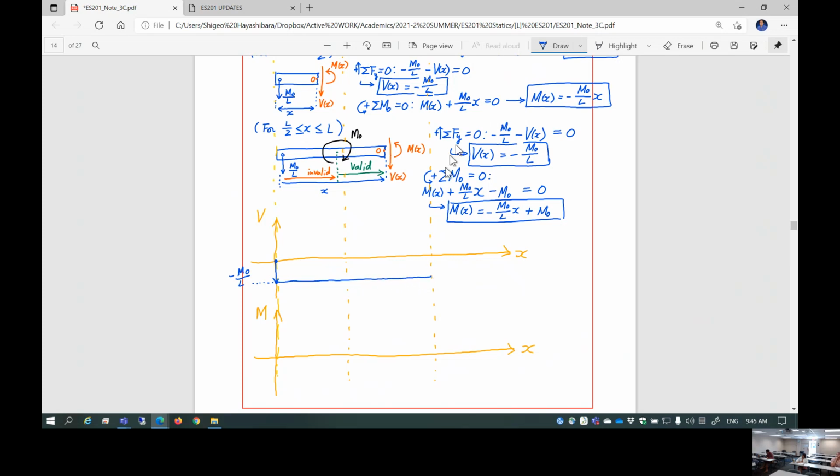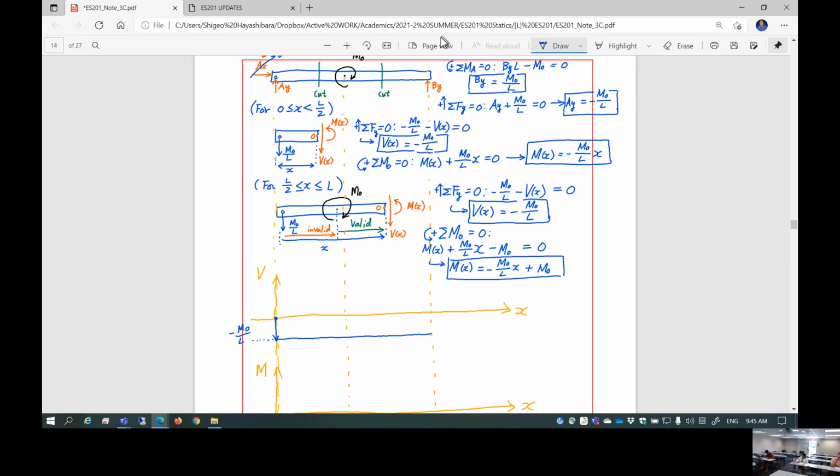Constant shear. And as you hit the location B, By is M0 over L. This is the jump, going back to 0. This is the shear diagram. So inside of the beam, shear is all the way through constant, negative value M0 over L.